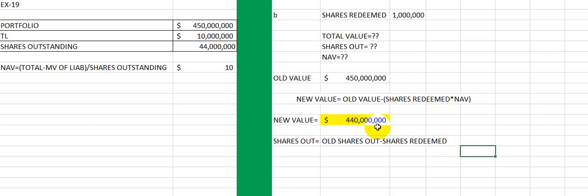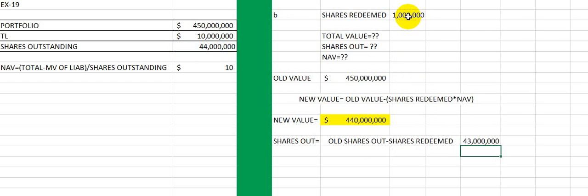So this will be equal to the old number of shares outstanding, which was 44 million, minus 1 million shares that were redeemed. So the new number of shares outstanding will be 43 million shares outstanding.